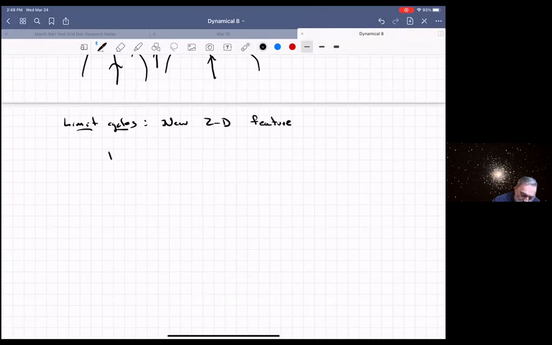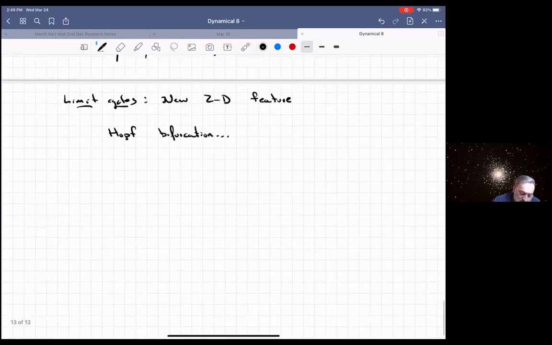But we have something called the Hopf bifurcation. So if I do the following: r dot is mu r minus r cubed, and theta dot is omega plus b r squared. And we're going to vary mu.